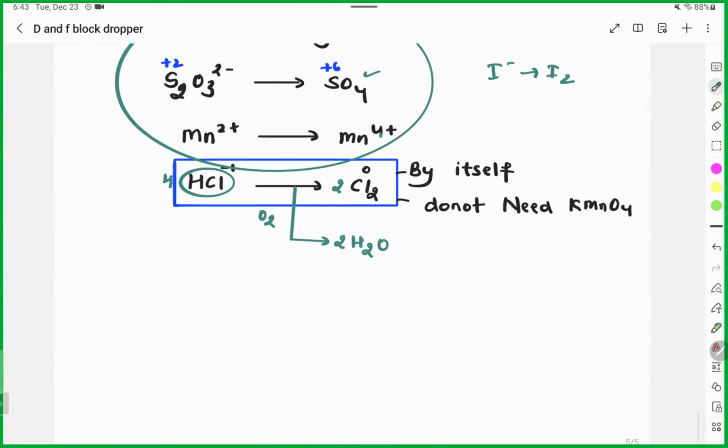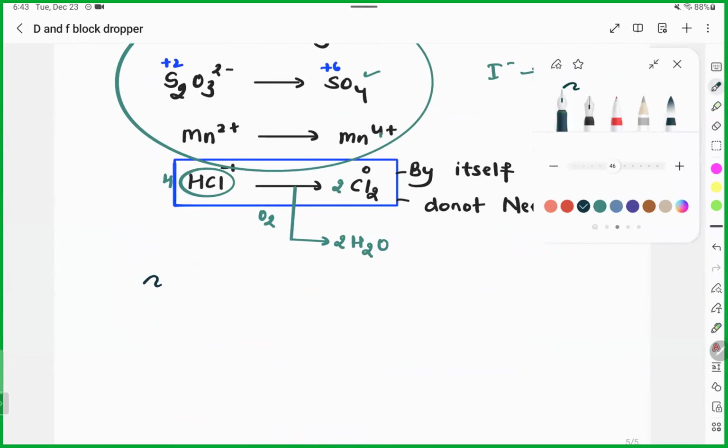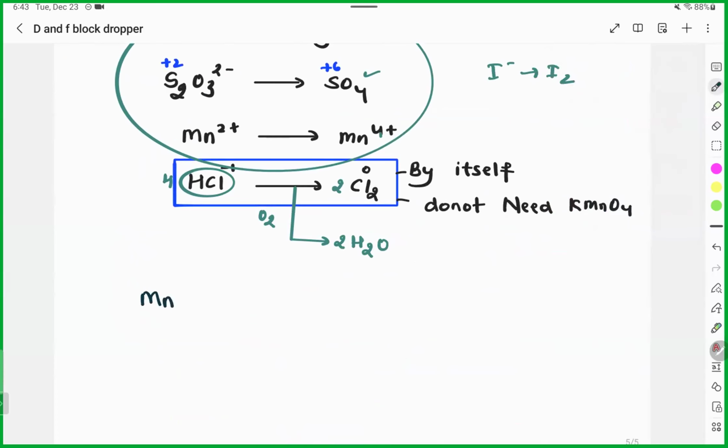Okay, example, if you are writing a reaction with iodine, what will happen? KMnO₄ reacts with one iodine and some water molecules, because water molecules will provide the basic nature, correct? So we know KMnO₄ will convert into MnO₂.